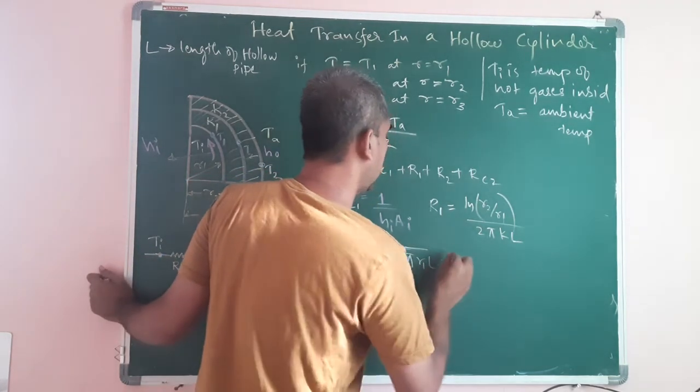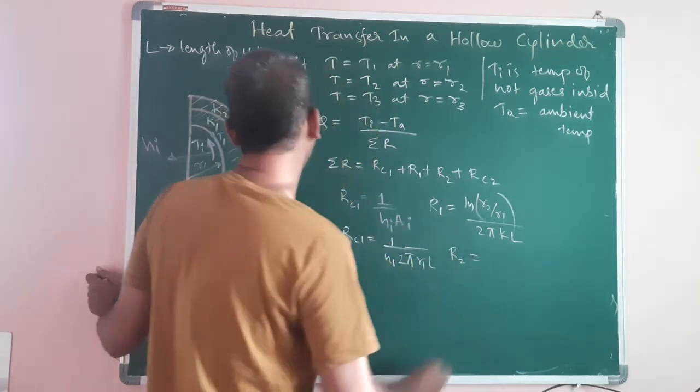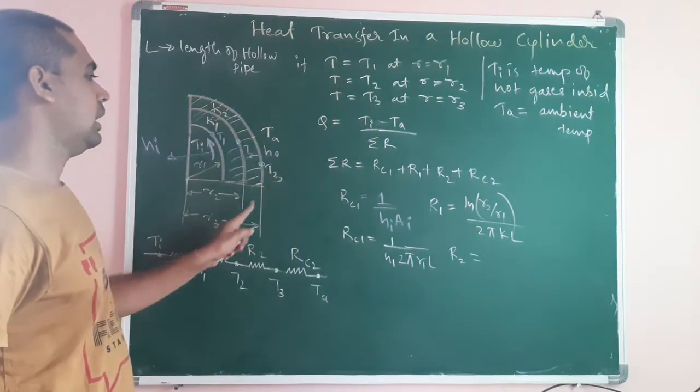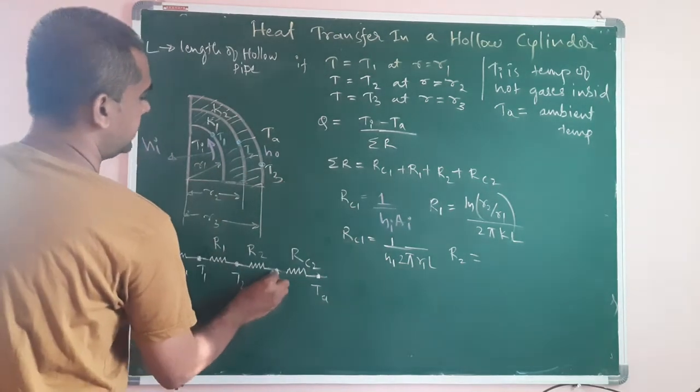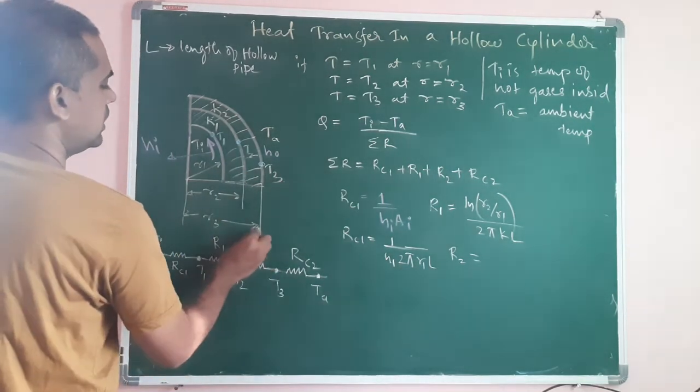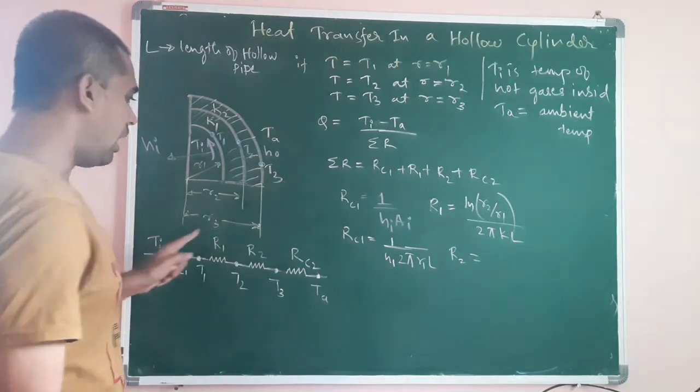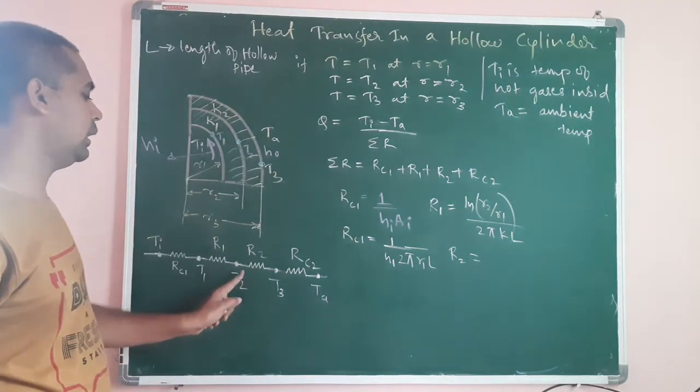This is R1. R2 in a similar way: R2 is equal to ln of R3 divided by R2, between T2 and T3. The radius at T3 is R3 and the radius at T2 is R2.